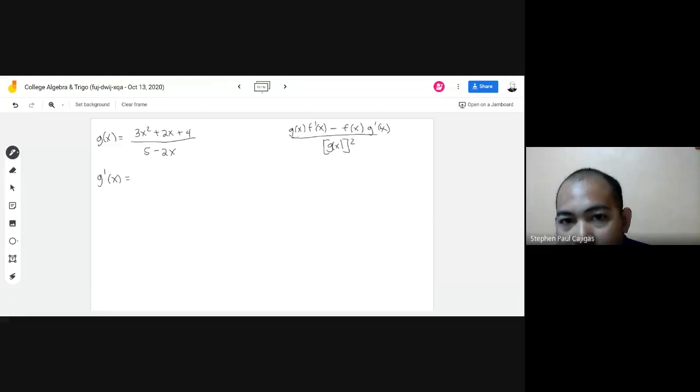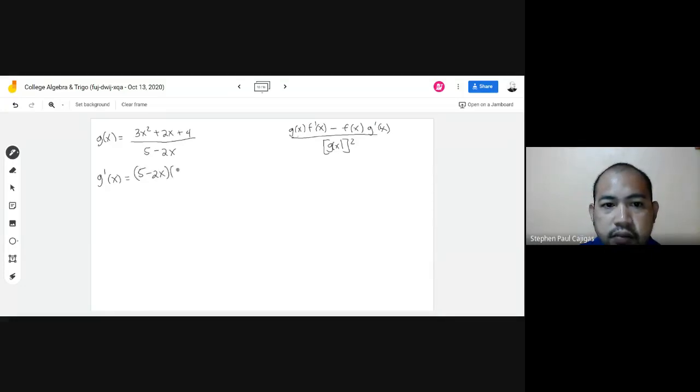Okay, may da nahilandong 5 minus 2x, 6x plus 2 minus copy 3x squared plus 2x plus 4 all over negative 2. Okay, sige. So this is 5 minus 2x times 6x plus 2.